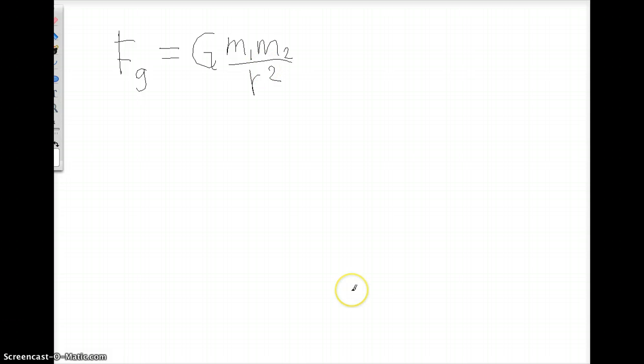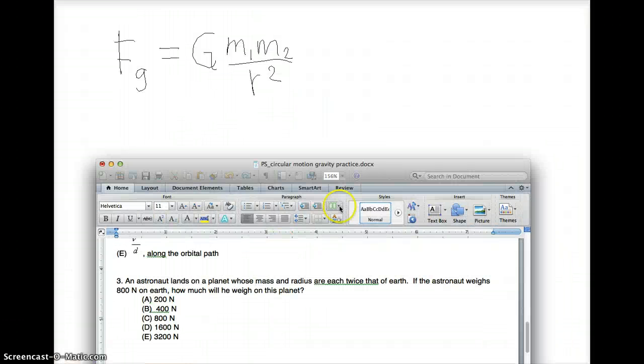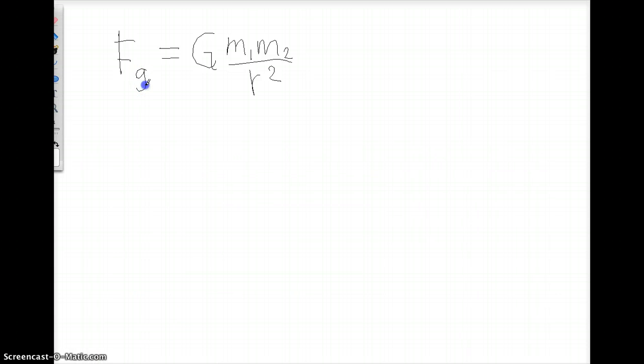So if the problem is saying that the mass of the planet is doubled and the radius is doubled, let's see what that does to the original force. So let's say this is the force of gravity on Earth. Put a little e here. And the force of gravity on this new planet, I'll just use a prime, is G times double the mass of Earth.